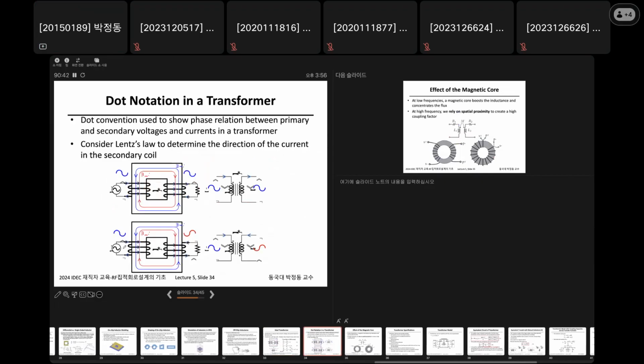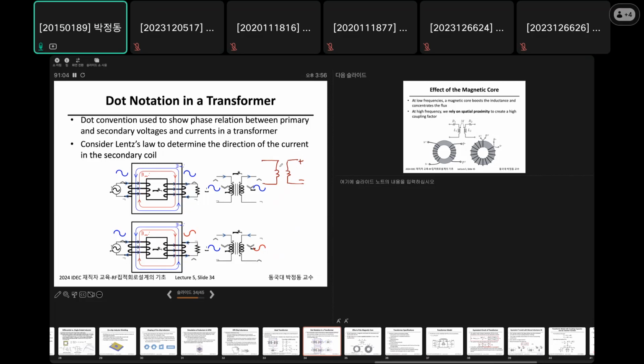So this is dot notation. This dot notation tells you the direction of polarity which is induced at the secondary.